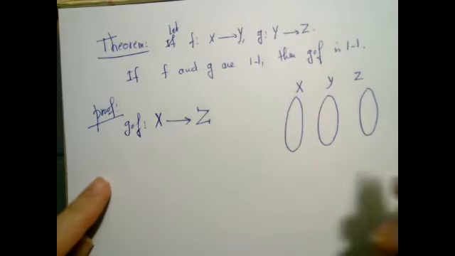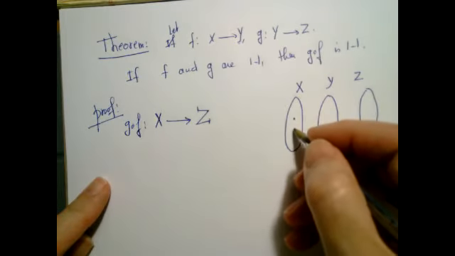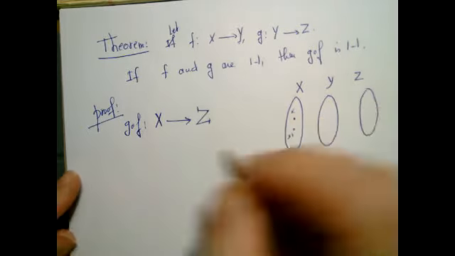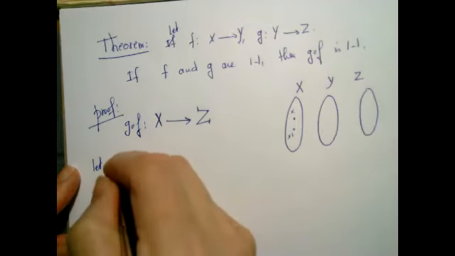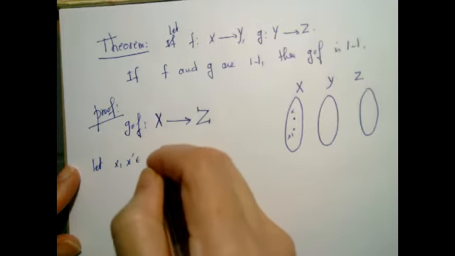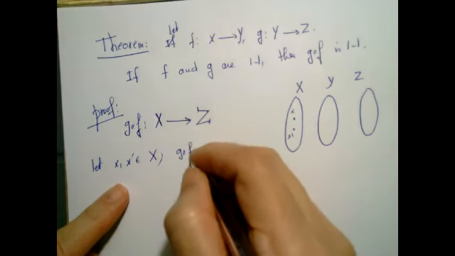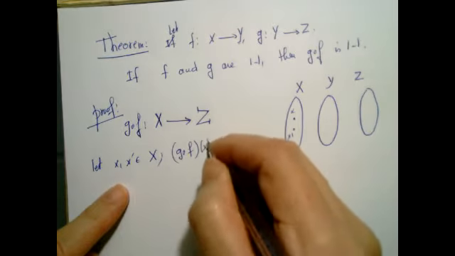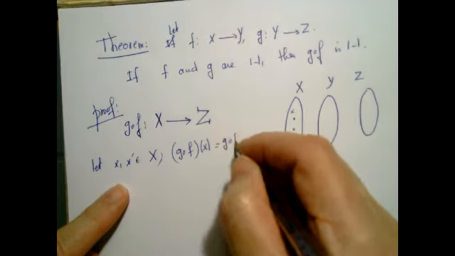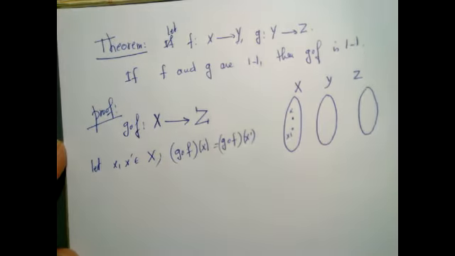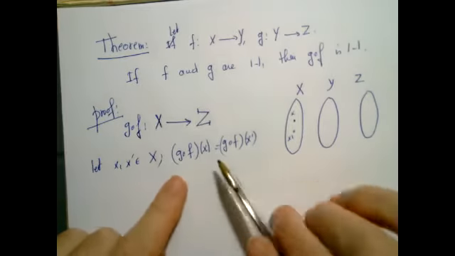And to show it's one-to-one, I have to take any two values in the domain, x and x prime. So let x and x prime be elements in x such that they have the same output. It means G composed with F of x is G composed with F of x prime. Okay, so that's what we have.